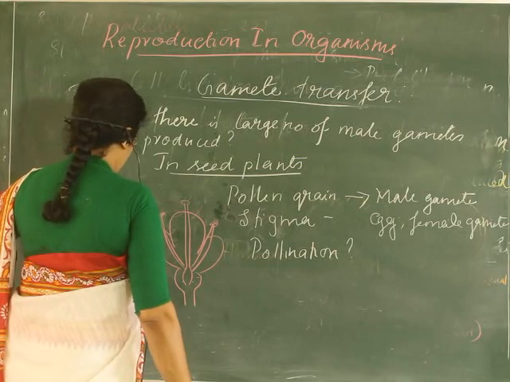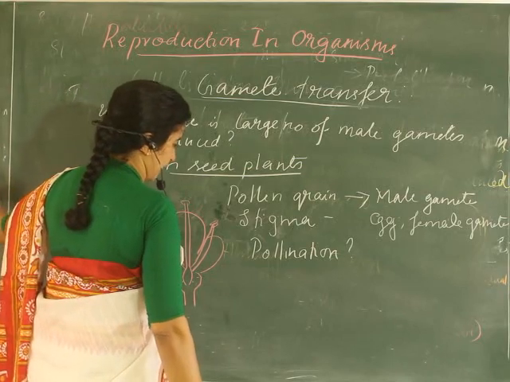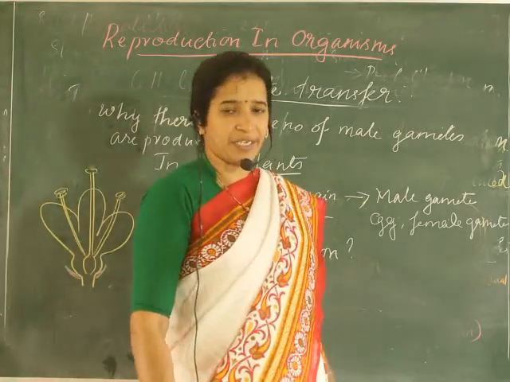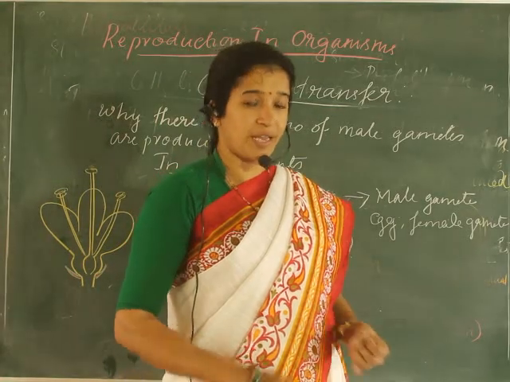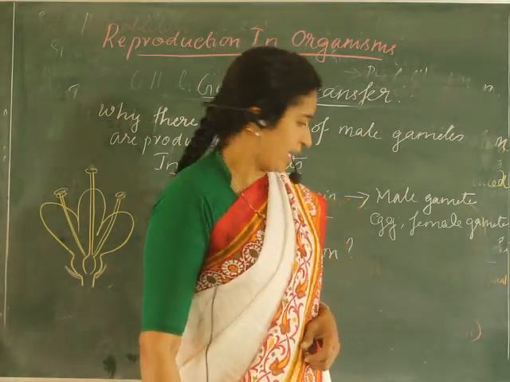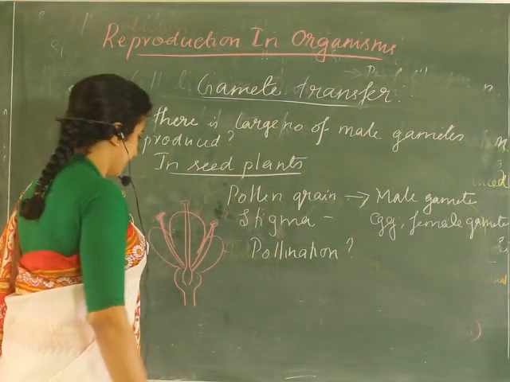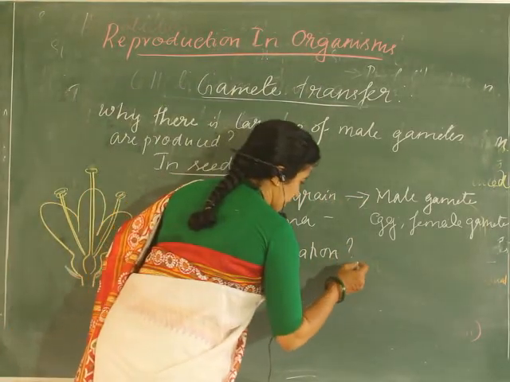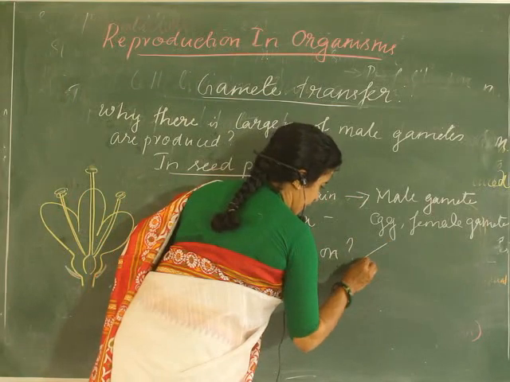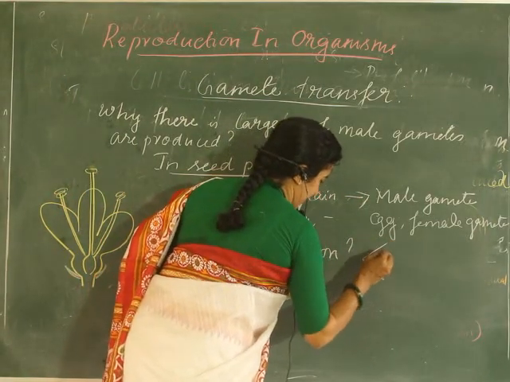There are two types of pollination. What are the two types of pollination? Self-pollination and cross-pollination. Do you know about the types of pollination, where they occur and all?